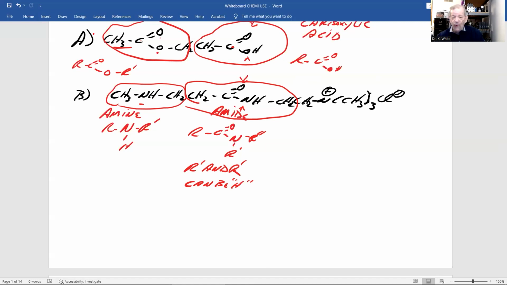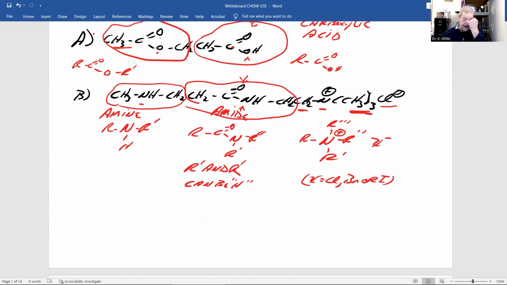Are we done? No, another nitrogen right here. And what does this have? Well, this is 4 R groups, 3 methyls, and this CH2 here. They can be the same or different. Plus charge on the nitrogen, and I have my anion, X minus. Remember, X can be chlorine, bromine, or iodine. In this case, it's chlorine, and it's a chloride anion. And what is this called right here?